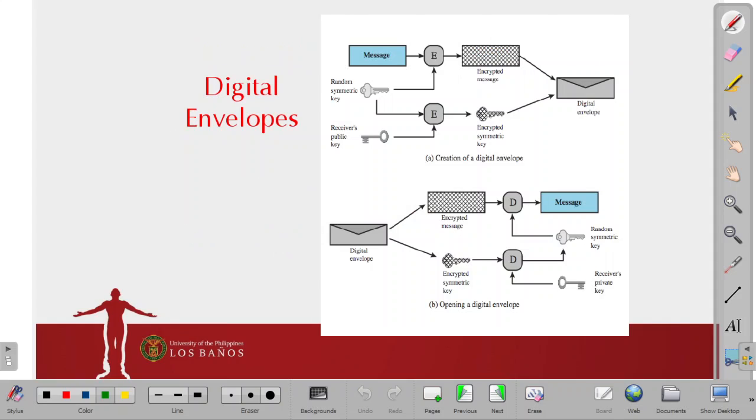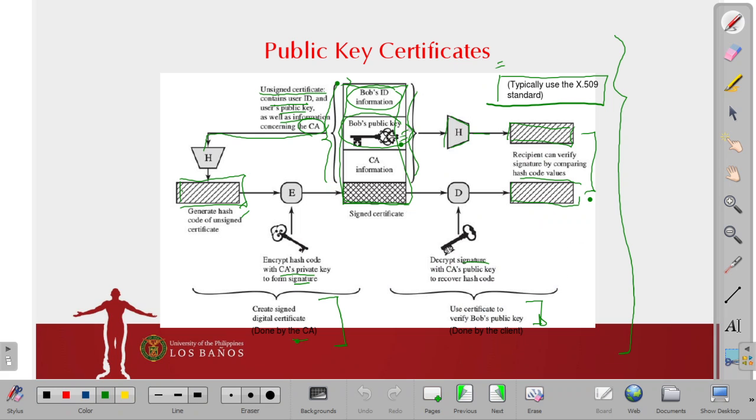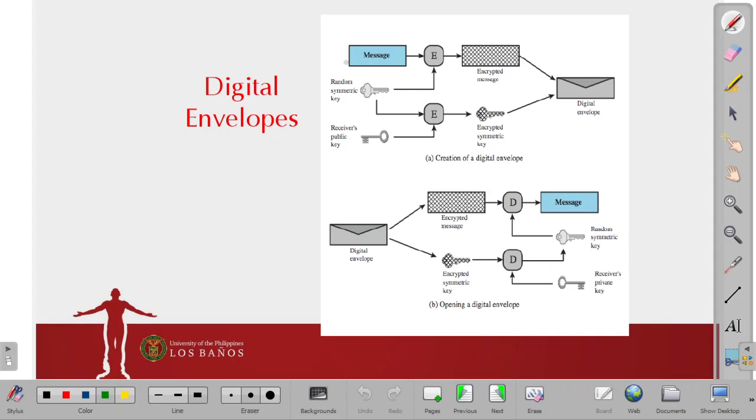We also have digital envelopes. Okay. So digital envelopes are very similar to this one. So what it does is you have a message, okay, and then you have a random symmetric key.